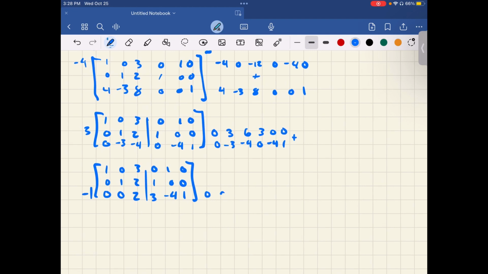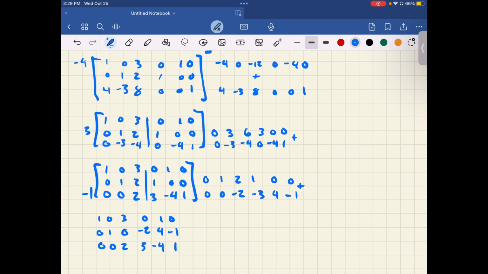So that gives me 0, 0, -2, -3, +4, -1. Add it to this middle row, and I leave the top row the same. Now my middle row is going to be 0, 1, 0, -2, 4, -1. Bottom row 0, 0, 2, 3, -4, 1.